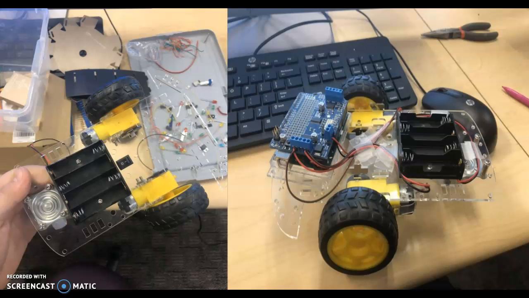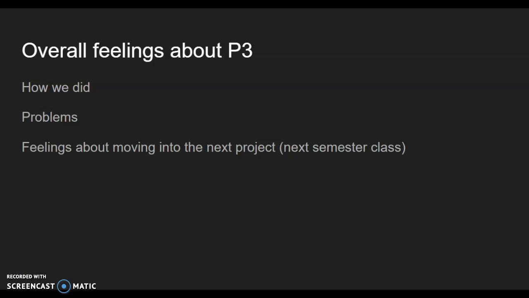Originally you were supposed to have the little motor shield, which is the Arduino piece, the blue circuit board, pointed in, but it was kind of hard to plug the motor shield into the computer with the cord. So we rotated it a little bit and taped it down, and did it our own makeshift way to make sure it was easy for us.